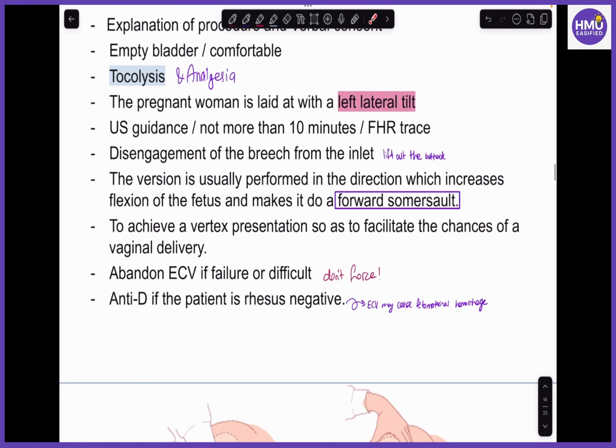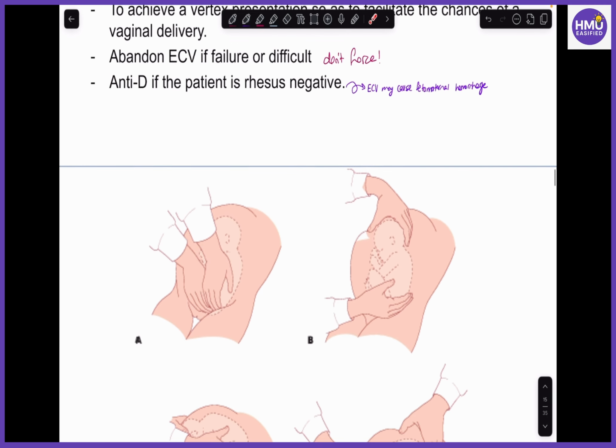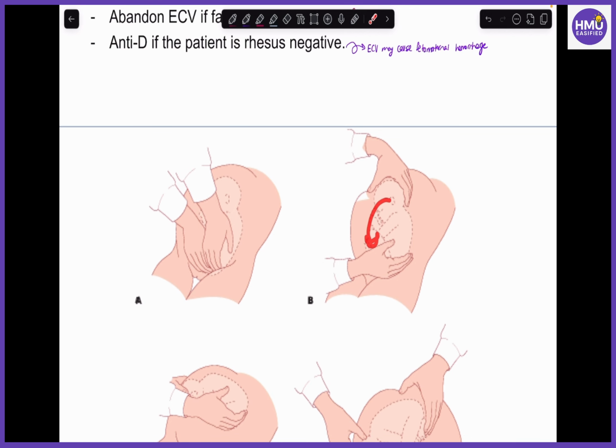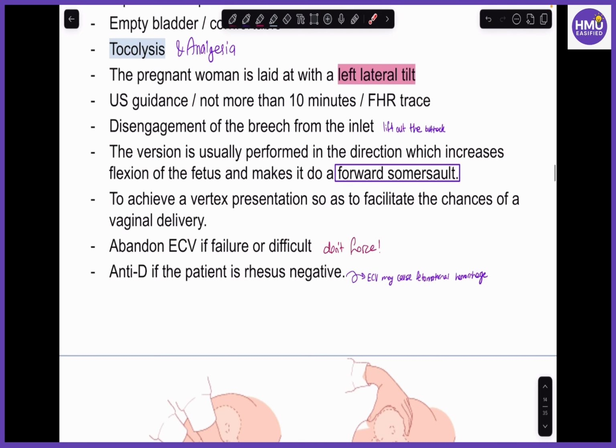Then the version is performed in the direction which increases flexion of the fetus and makes it do a forward somersault, to achieve a vertex presentation so as to facilitate the chances of vaginal delivery.